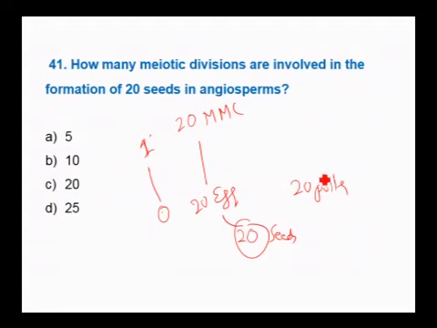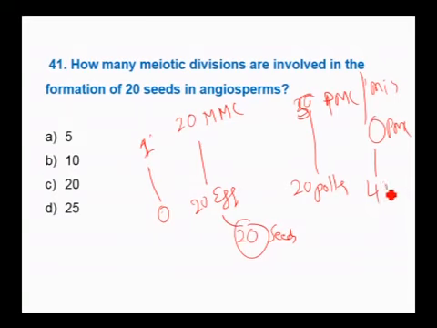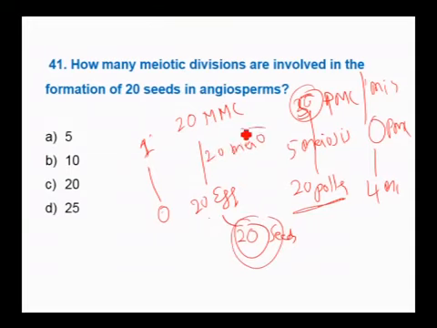But 20 pollen grains can be produced from just 5 pollen mother cells or microspore mother cells, because each pollen mother cell can produce 4 microspores. So for 5 microspore mother cells, 5 meioses. For 20 egg cells, 20 meioses. Therefore, for the production of 20 seeds, totally there should be 25 meioses. Therefore, the answer is 25.